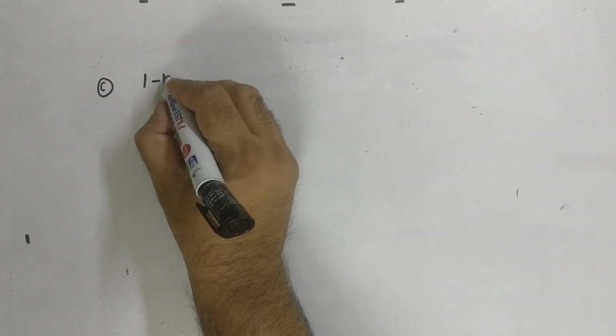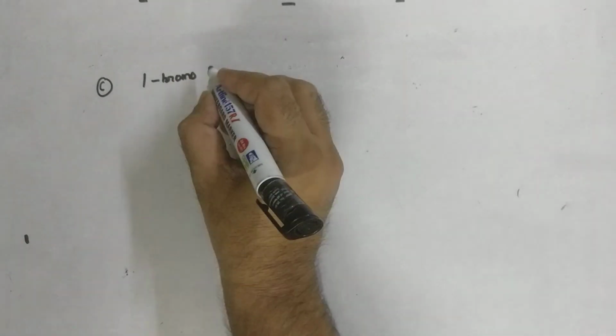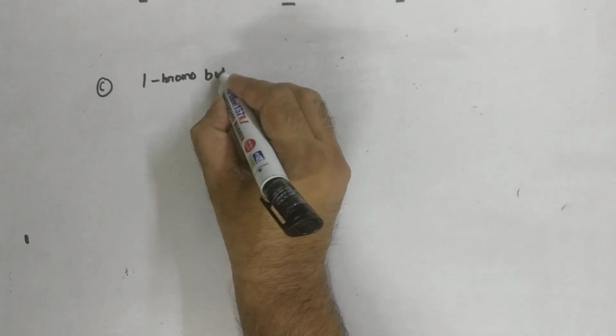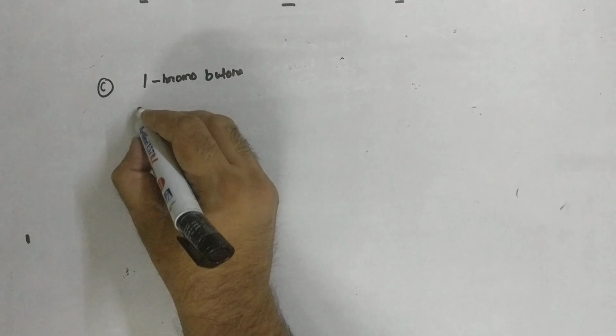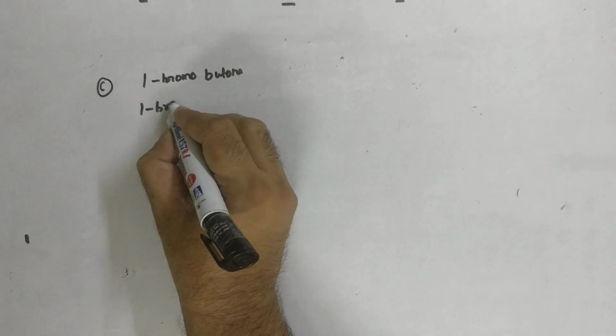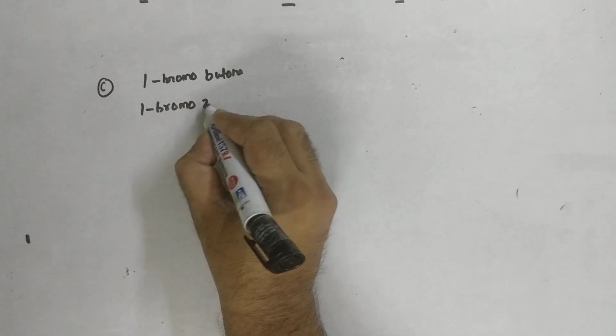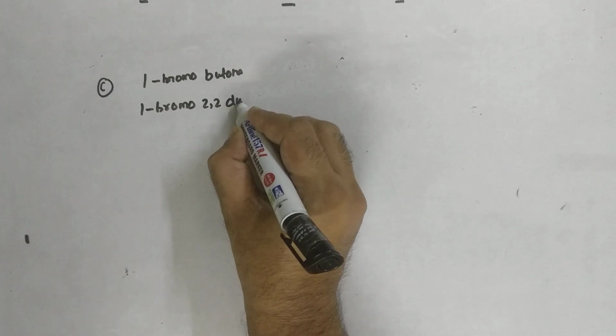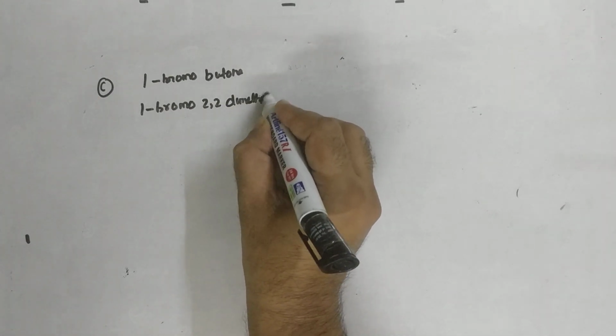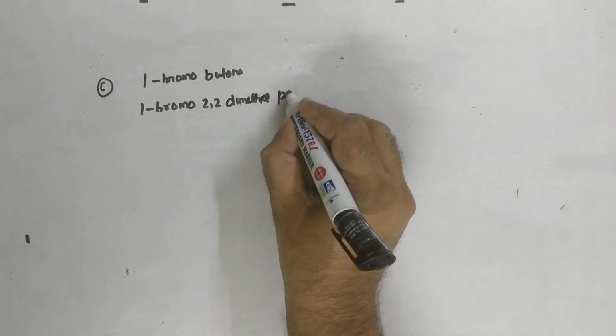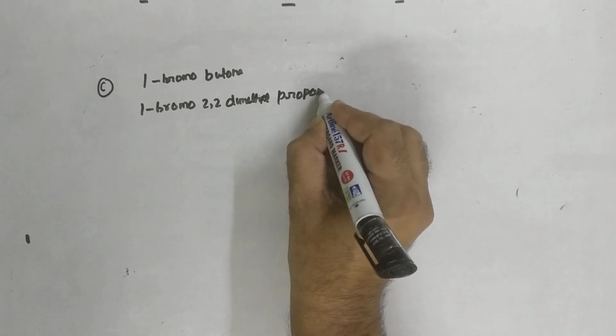Third part says 1-bromo butane. 1-bromo butane. Second part says 1-bromo 2,2-dimethyl propane. Dimethyl propane.